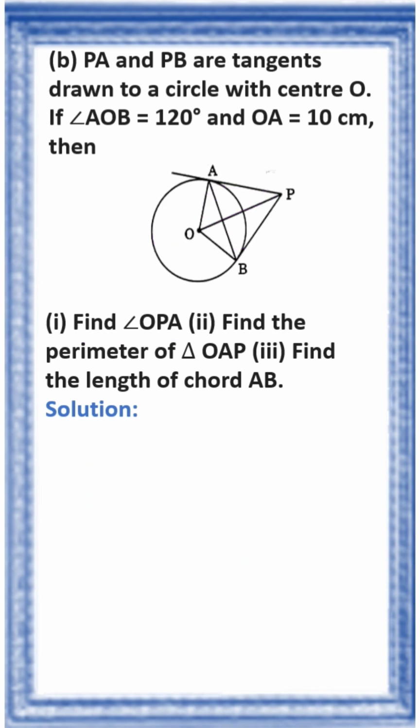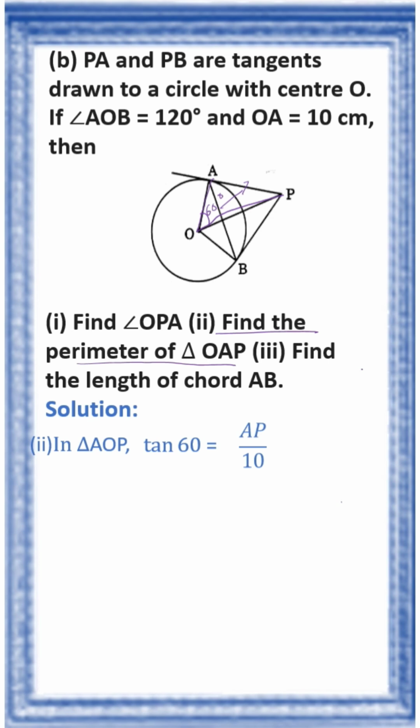Now let us find the perimeter of triangle OAP. How can we find? In triangle AOP or OAP, both are same. Tan 60, observe the triangle, this one. Tan 60 is equal to, this one is 60 degree, no? So tan theta is opposite by adjacent. Opposite is AP, adjacent is OA.